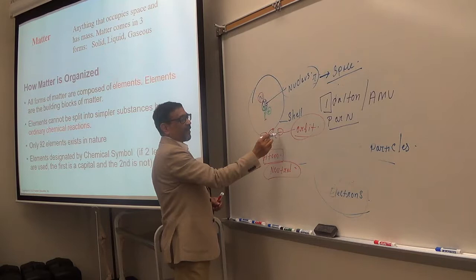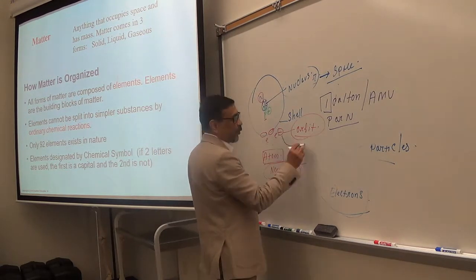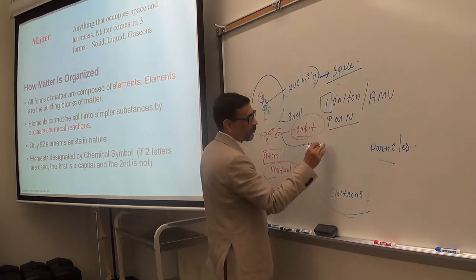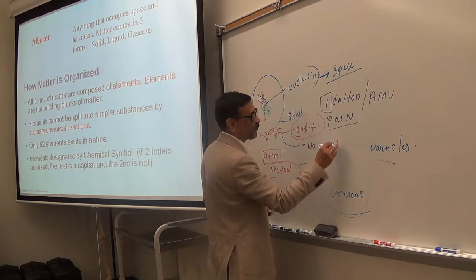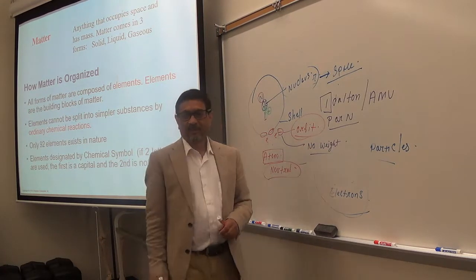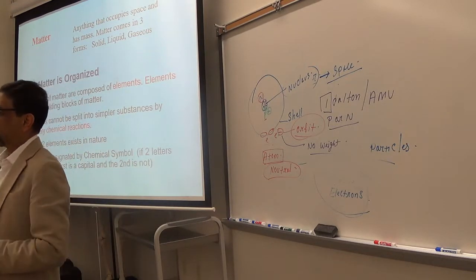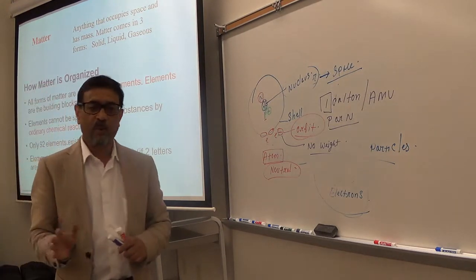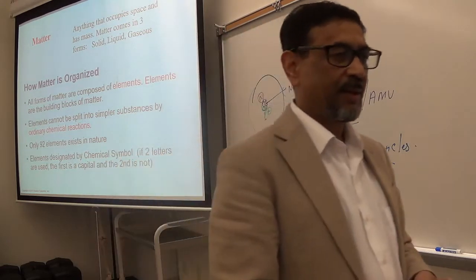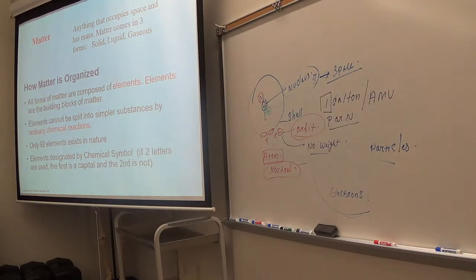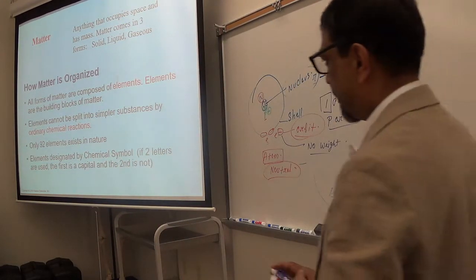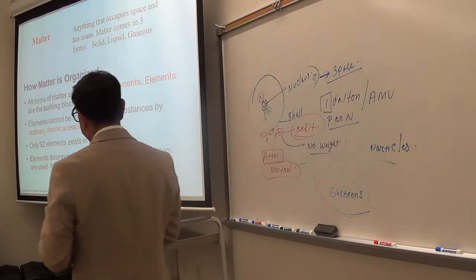Electrons are considered as weightless, no weight. Okay, weightless. So electrons are weightless, and each proton and neutron has 1 atomic mass unit, AMU or dalton.